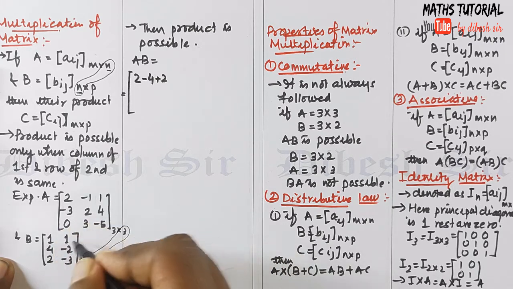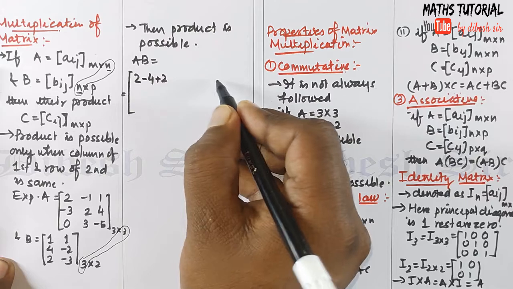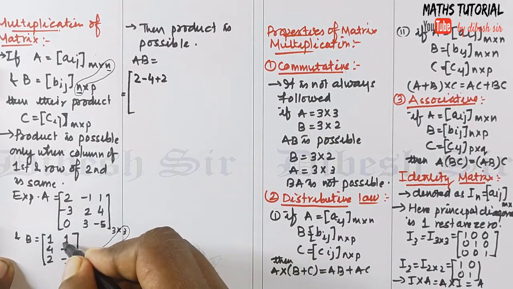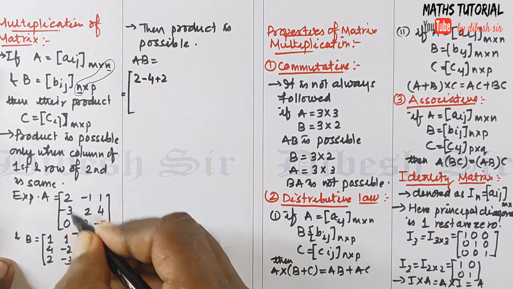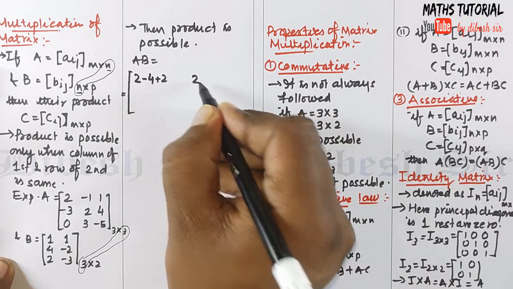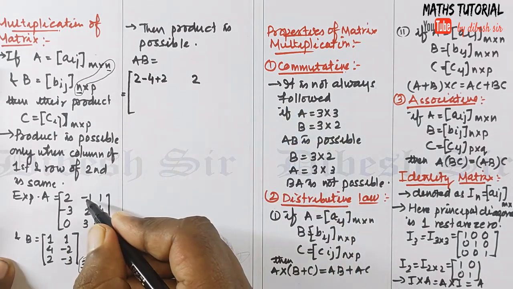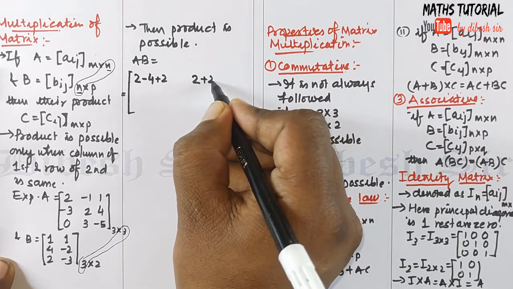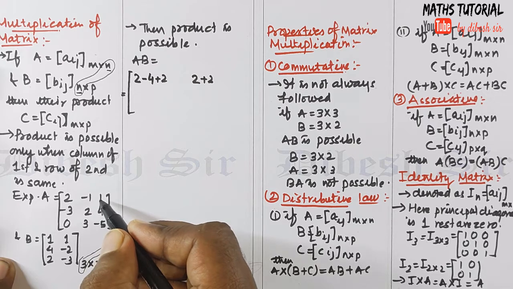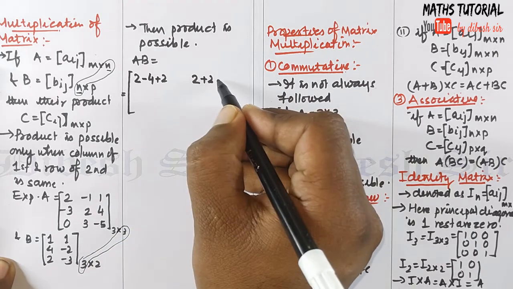Then this row with this column and place it in the second place: 2 ones are 2, minus 1 into minus 2, that is plus 2, then 1 into minus 3, that is minus 3.